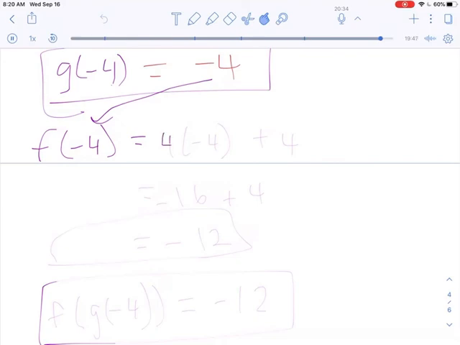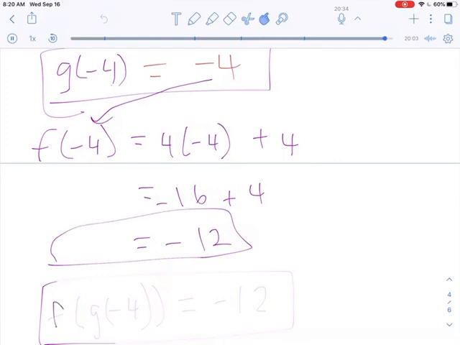So I've got 4 times negative 4 plus 4. 4 times negative 4 is a negative 16, plus 4 gives me a negative 12. So my answer of f of g of negative 4 is negative 12.